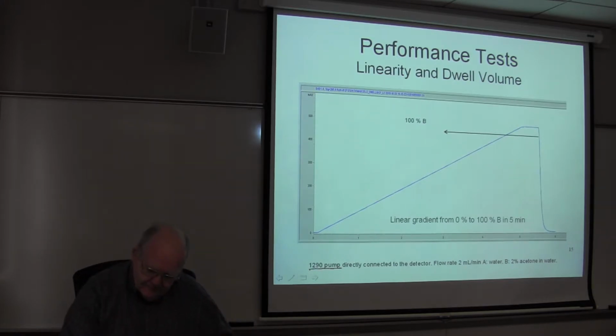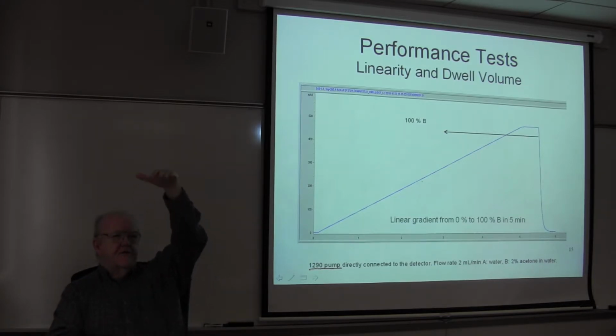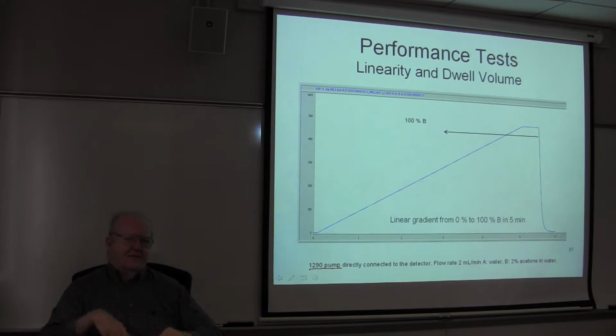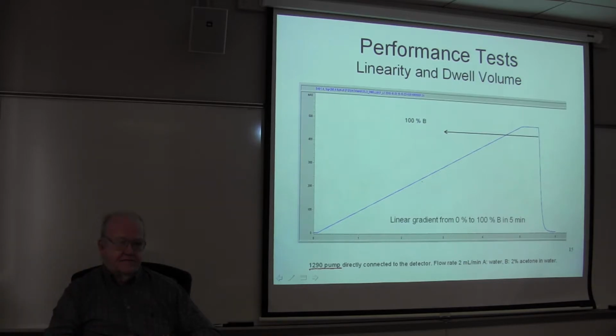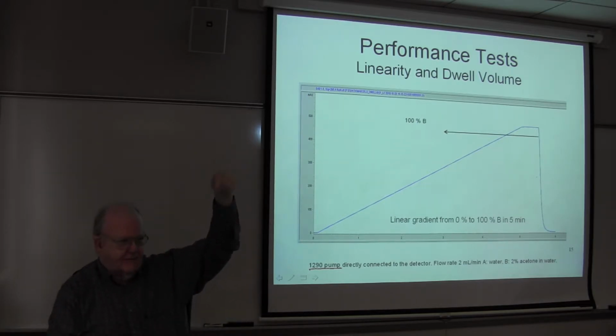You can see that the blue trace, which is actually just measuring the increasing amount of acetone as you do a gradient from pure water to the water plus a whiff of acetone, is a nice straight line. You get to the end of the gradient and you go back to pure water, so you tell it, okay, go back as fast as you can.